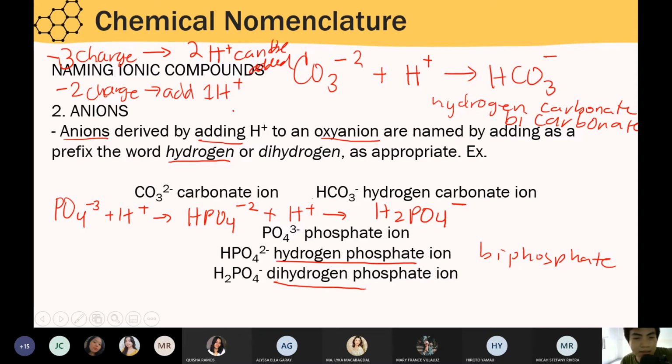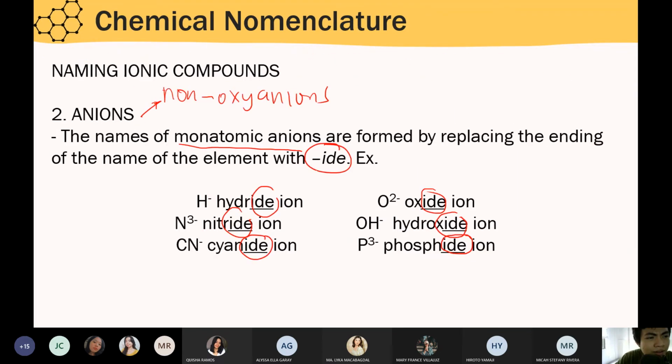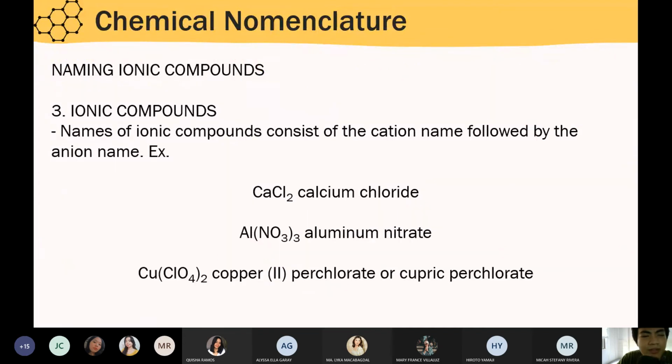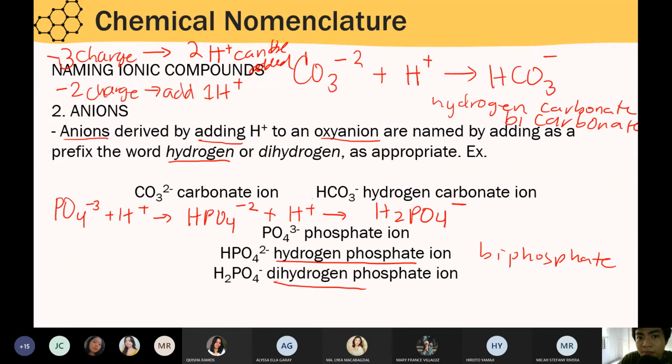If your oxyanion has a -1 charge, then hindi ka pwede maglagay ng hydrogen, because -1 plus the charge of the hydronium ion, the overall charge will be 0. So this rule will not hold true for those molecules. So basically that's all the rules for our cations and anions. You just have to memorize them, no? However, as you can see, there are certain patterns that you can notice.